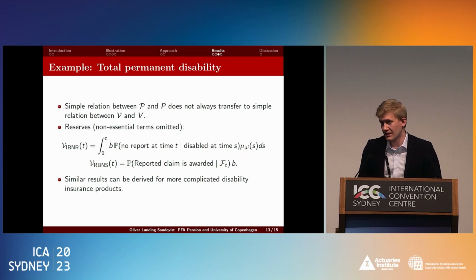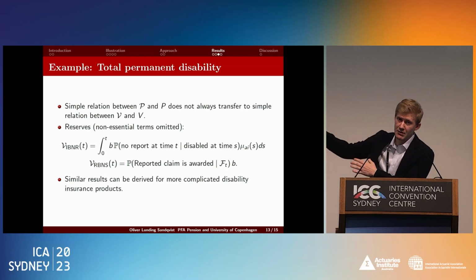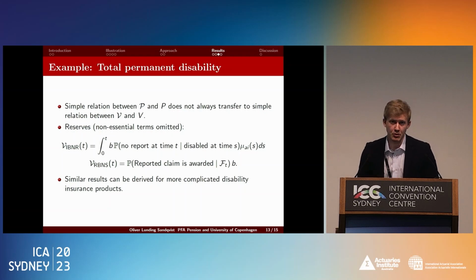So unfortunately, this simple relation between the present values does not generally transfer to a simple relation between the reserves. And this is basically because we have not imposed any structure on how this observed information would affect how we think that the state process has moved through time, only that they should agree all the way out at time infinity. So you need to impose a bit more structure in order to get some closed results here. But for the simple example that we had of a total permanent disability insurance, you get some nice intuitive results.